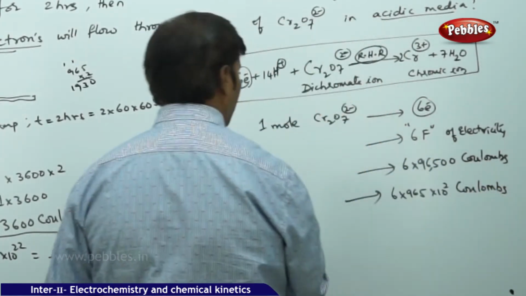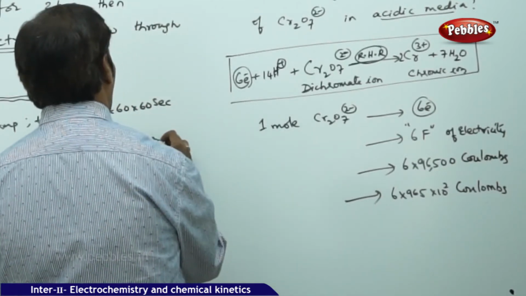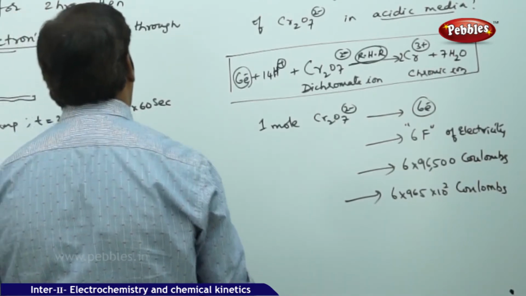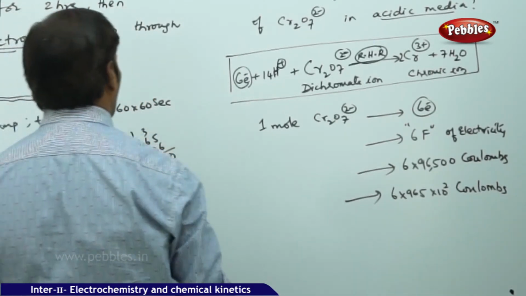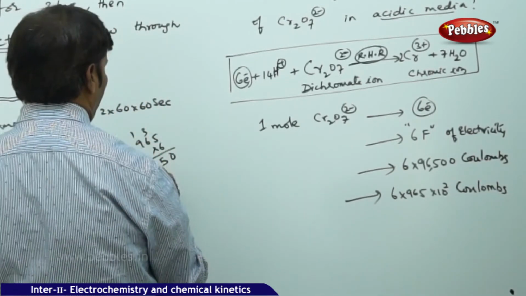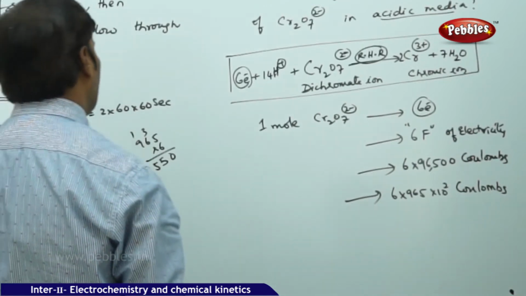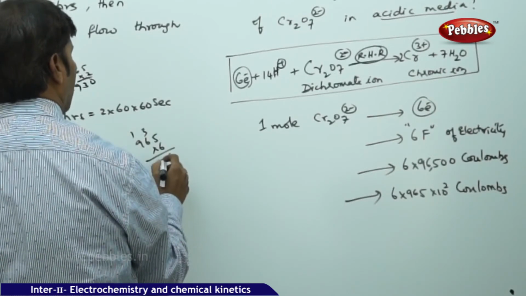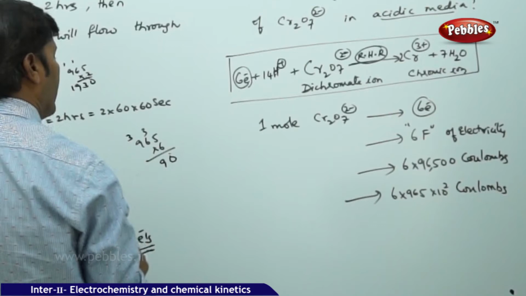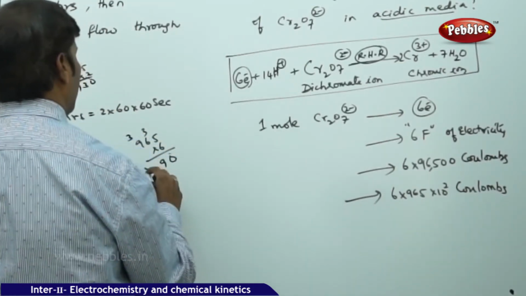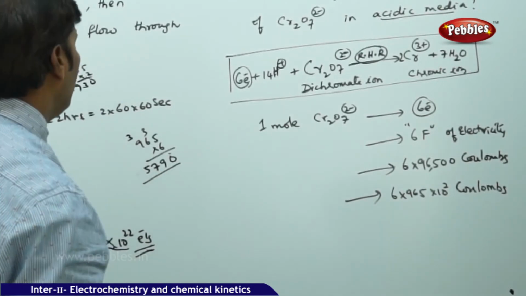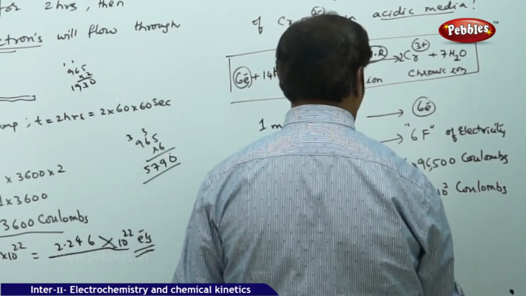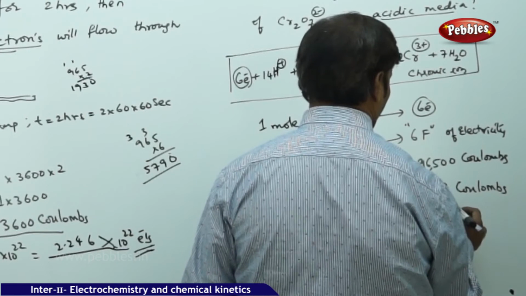So this is 6 into 965 into 10 to the power of 2 coulombs of electricity. 965 into 6 gives 5790, so this is 5790 into 10 to the power of 2.